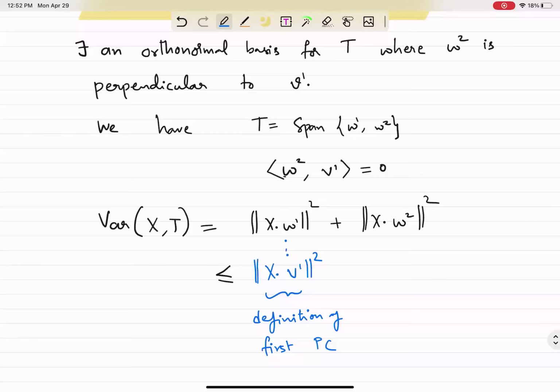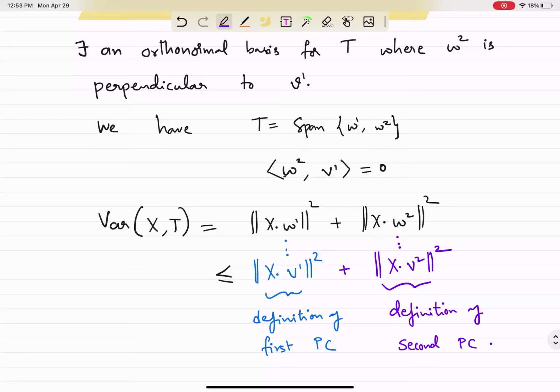The first term should be at most x times v1 squared, just by the definition of the first principal component. And further, by the same logic, we should also have that the second term is at most this, because of the definition of the second principal component.